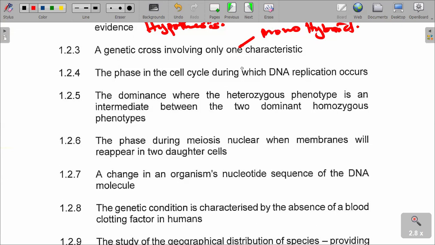So what you need to understand is that DNA replication occurs during the S phase of interphase, where S is actually for the synthesis process. So we say that it occurs during the S phase.